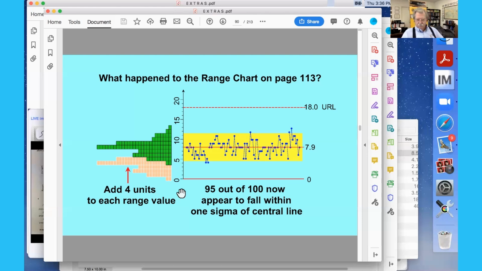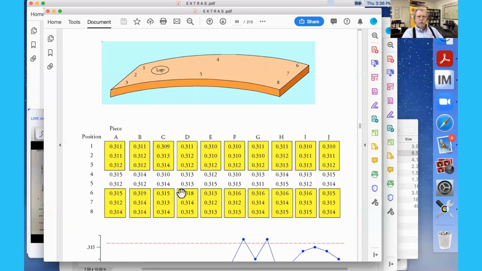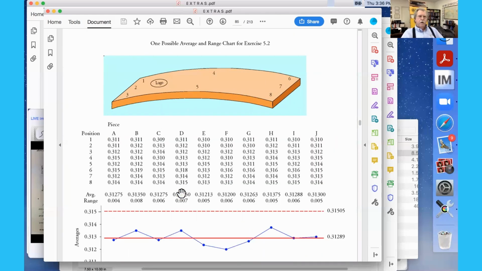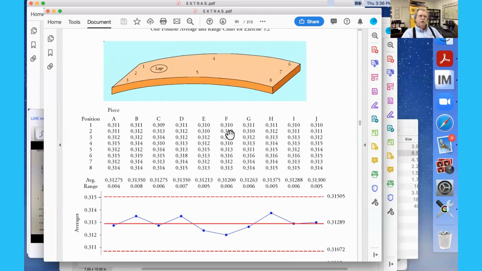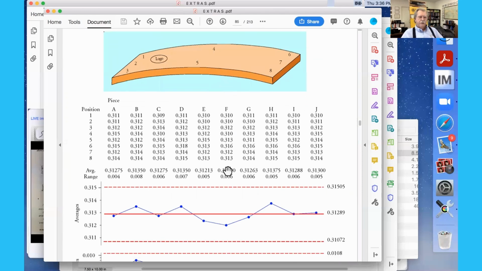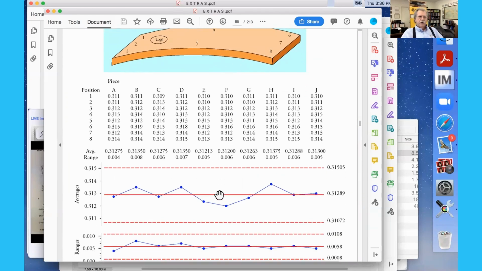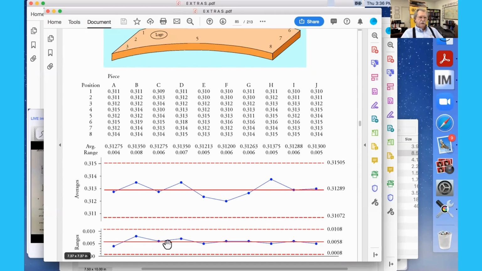In fact, on the first chart for the brake lining parts, look at the average and range chart. Look, you can hardly see the central line. We only have 10 subgroups here, but still, you see the hugging the central line.